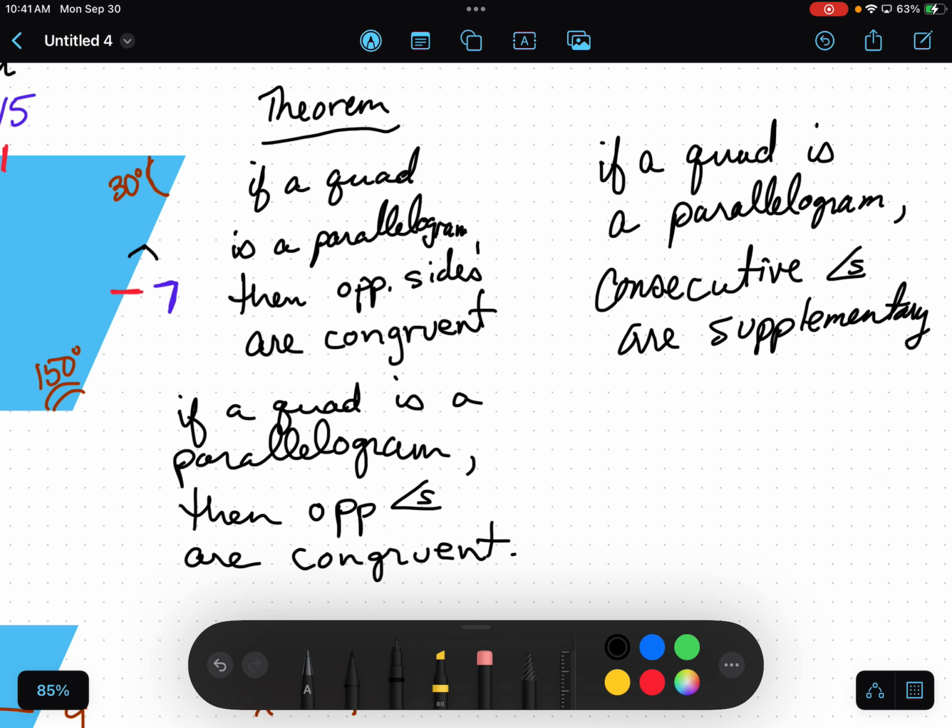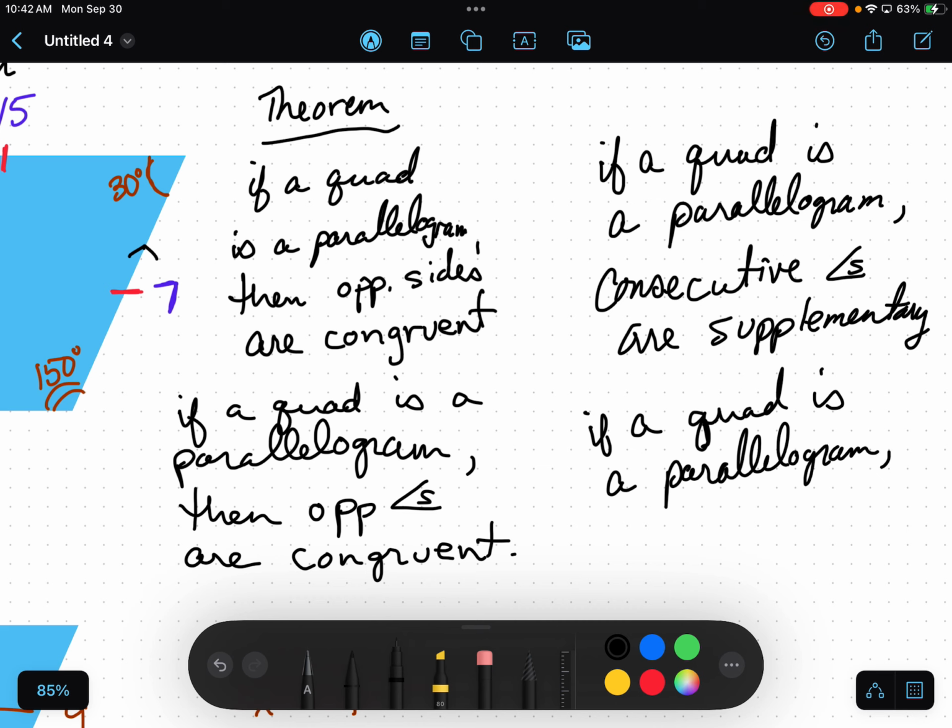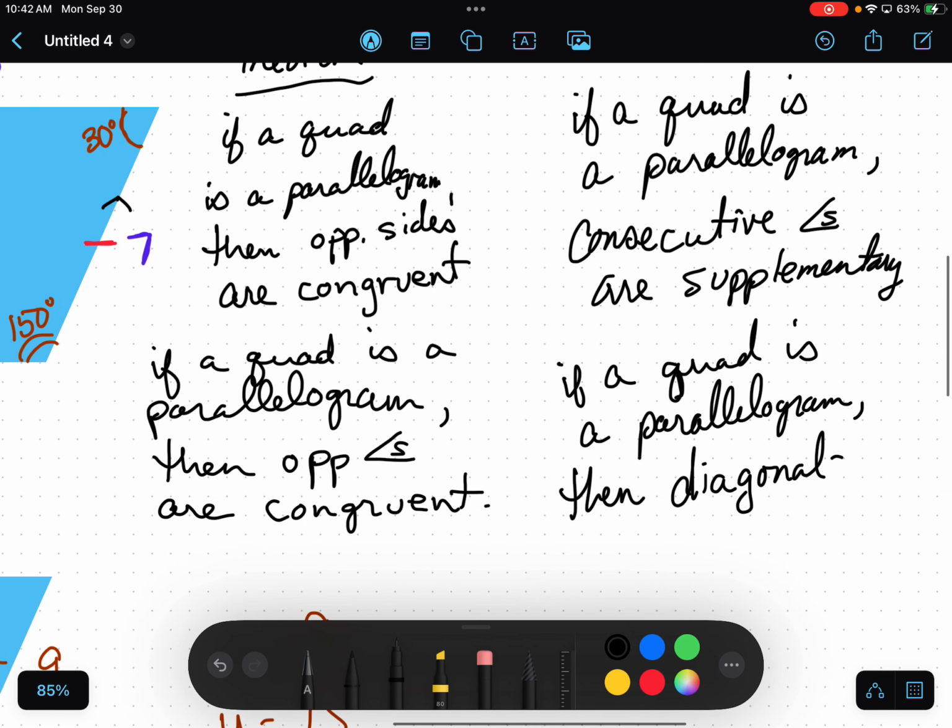And the last thing, so if a quadrilateral is a parallelogram, then diagonals bisect each other.